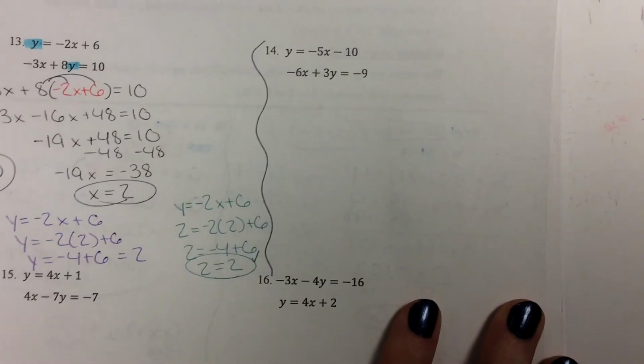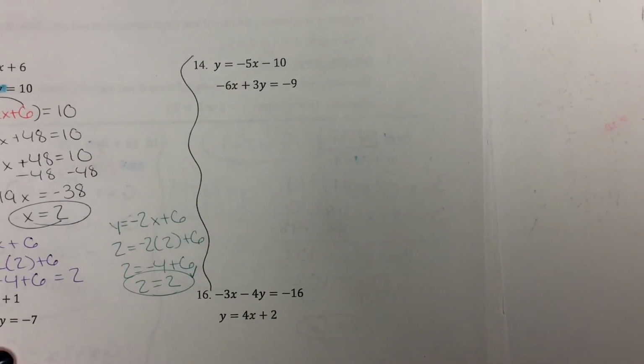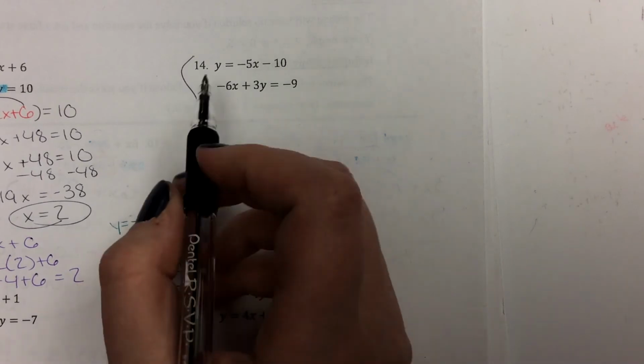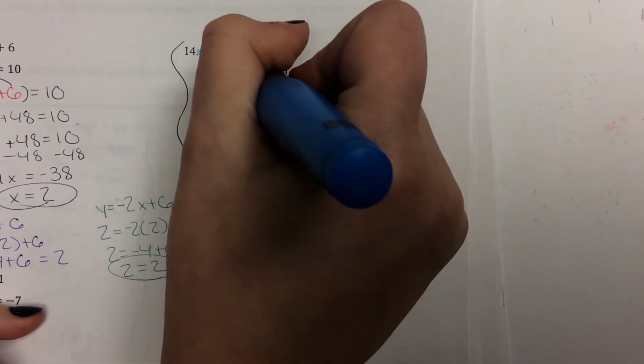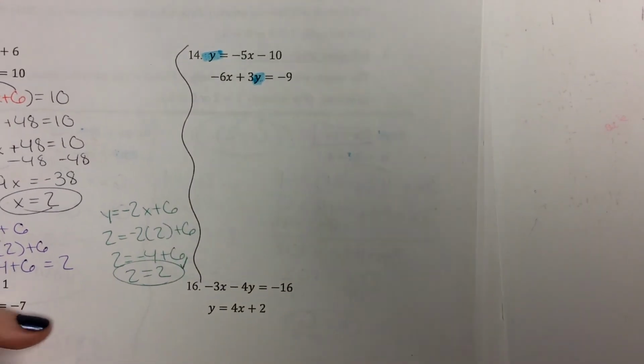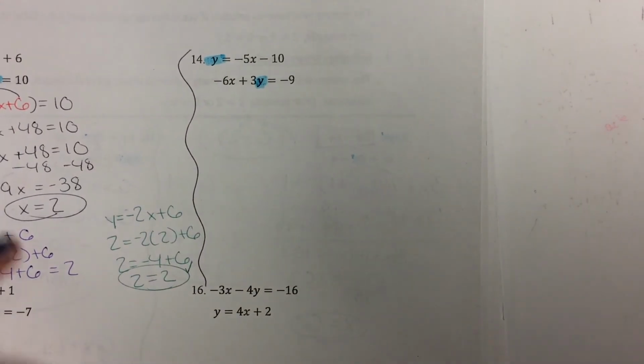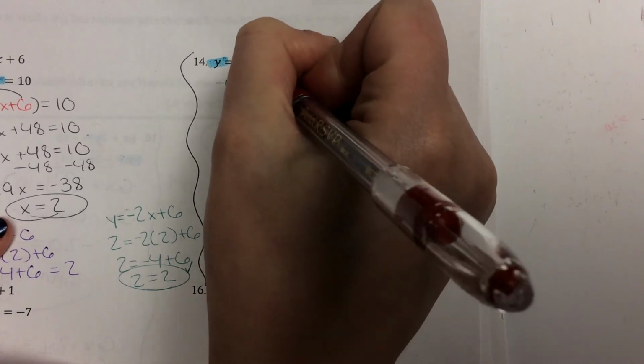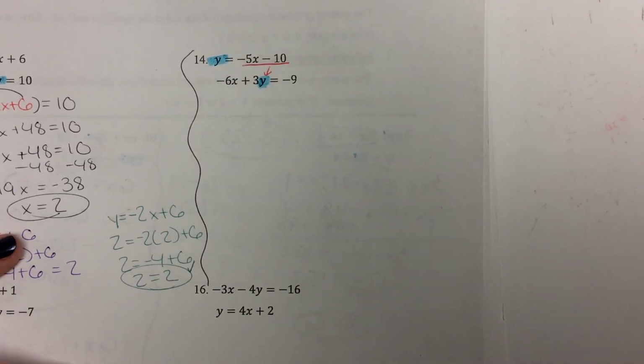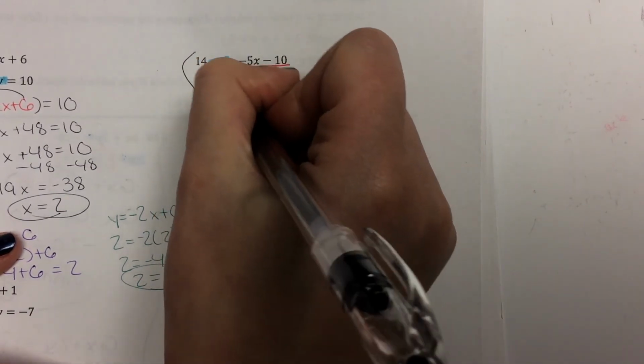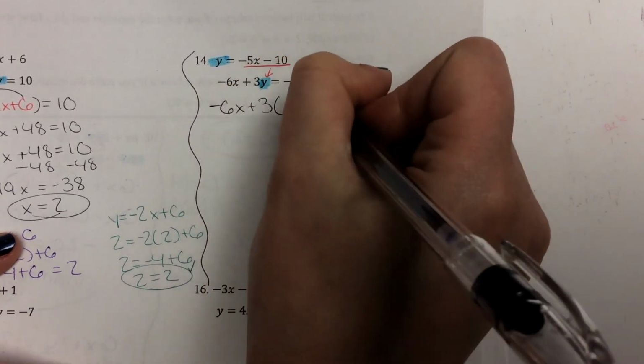Okay, let's go over to number 14 quickly. I know this video is getting kind of long. We have y equals negative 5x minus 10, and here's y in the other equation. So we're going to substitute this whole thing in for y, okay? So negative 6x plus 3 times y.